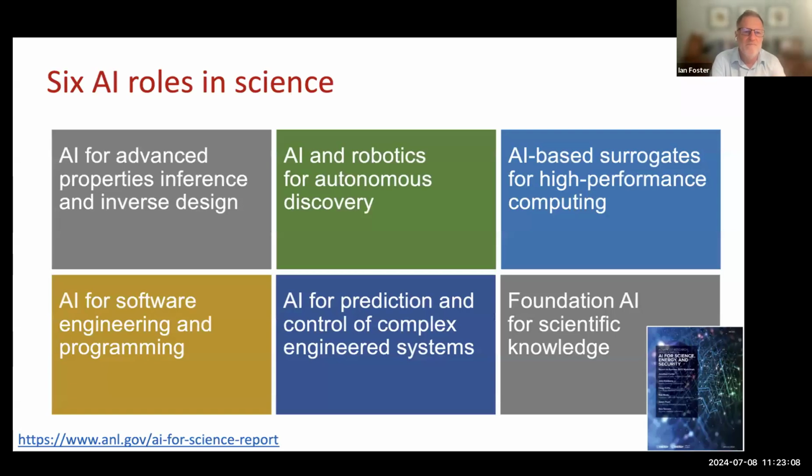Another outcome of these workshops was a set of 6 principal AI roles in science. I won't go through them all, but just to point out a couple of them. So AI-based surrogates.